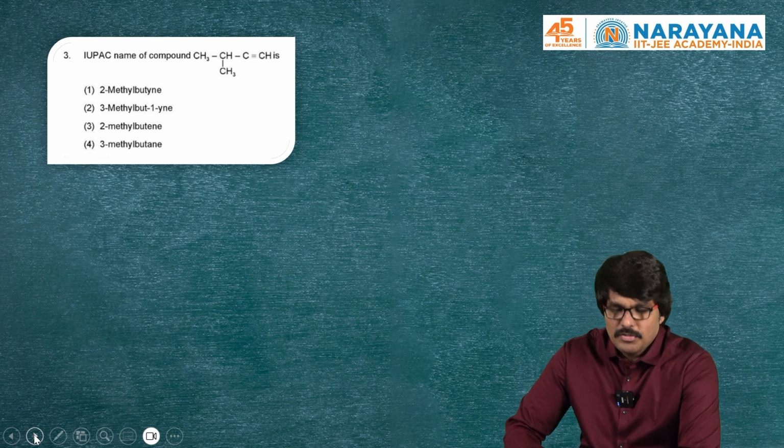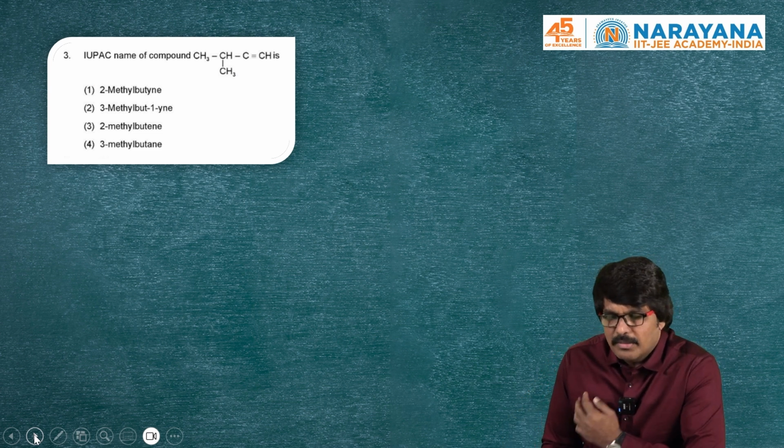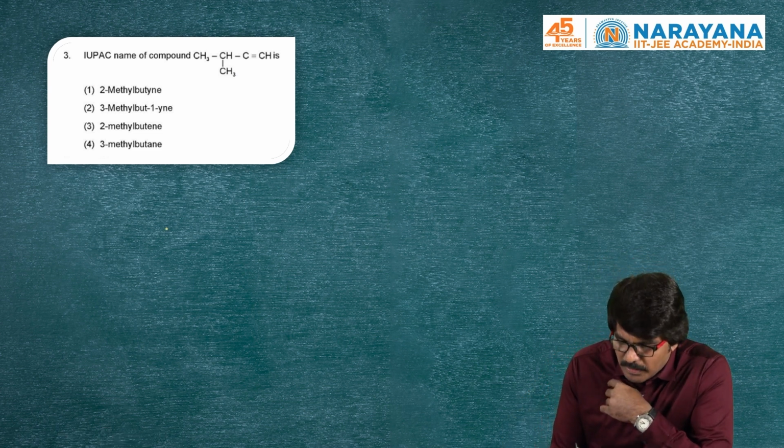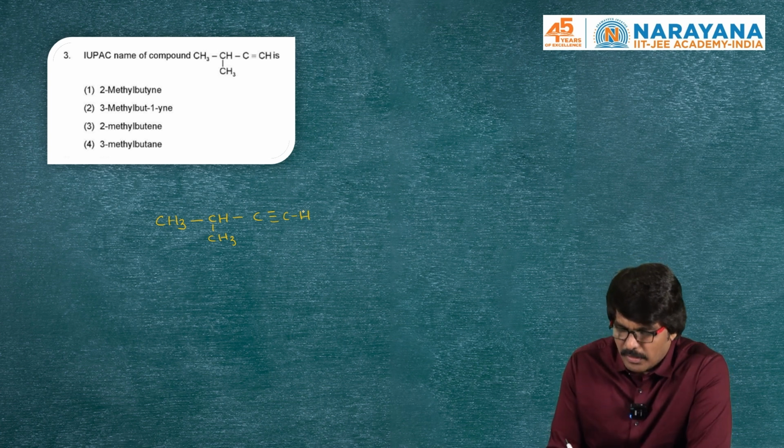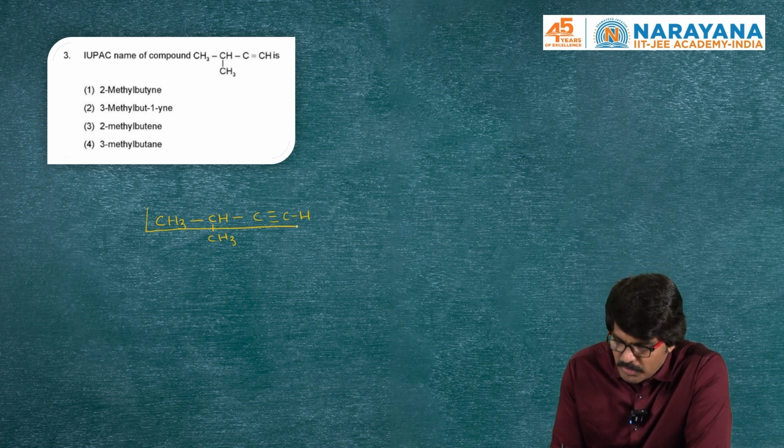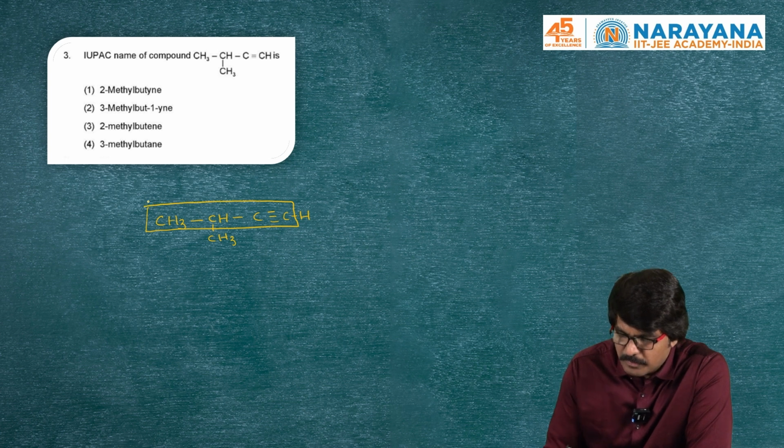And the next question is the IUPAC name of the compound. If you see, the question given is CH3 C triple bond CH. According to the rules of IUPAC, of course this is the longest chain.